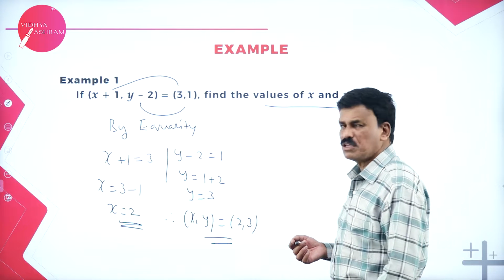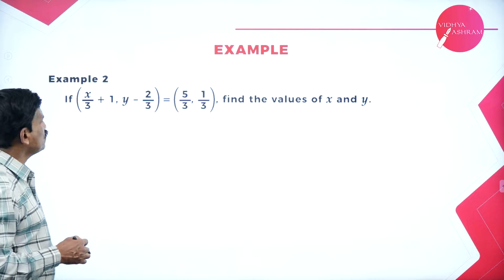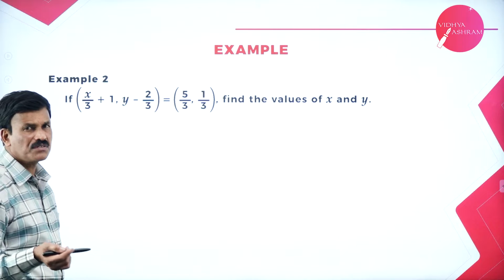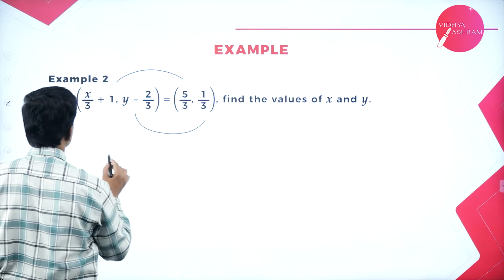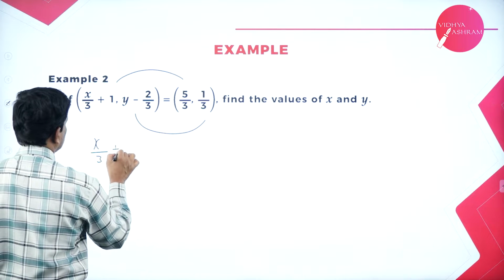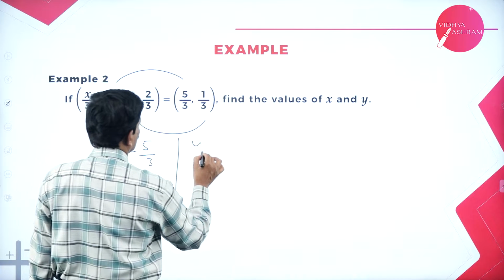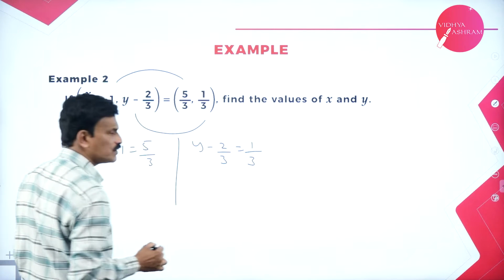Let us come to a similar problem. If (x/3 plus 1, y minus 2/3) is equal to (5/3, 1/3), find the values of x and y. Similar type problem. By equality, these two are equal and these two are equal. So x/3 plus 1 is equal to 5/3 and y minus 2/3 is equal to 1/3.